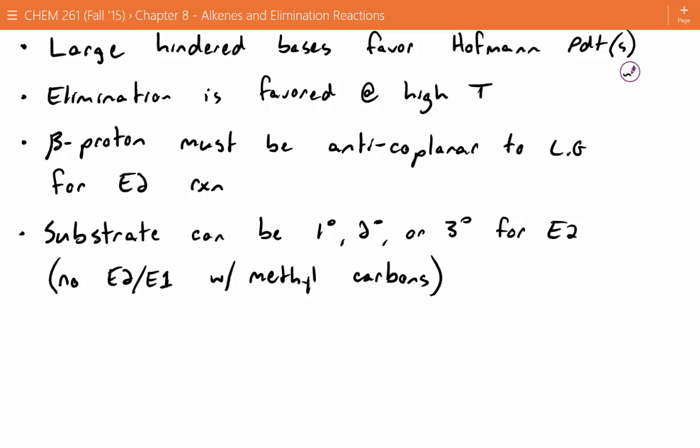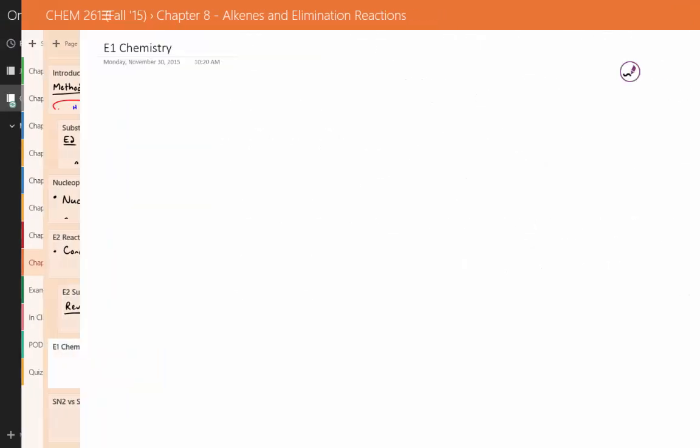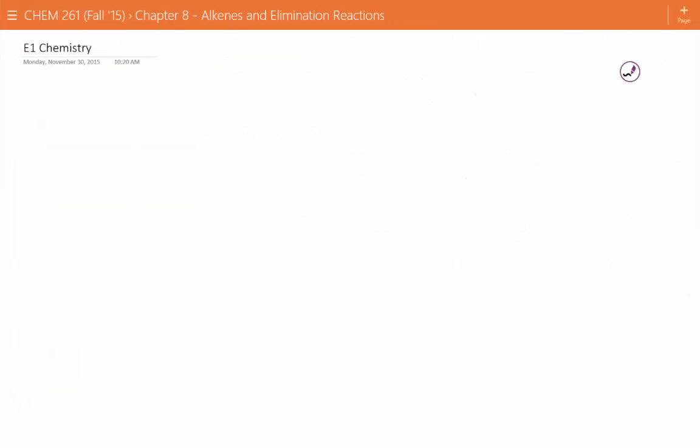The E1 mechanism is a lot easier than E2, so we'll be able to cover this fairly quickly. And the E1 mechanism that we had in class, we said the first step involves what? Yeah, the leaving group falls off. So we have to be able to form a stable carbocation.